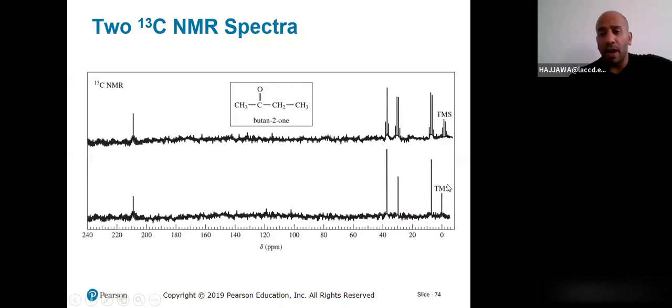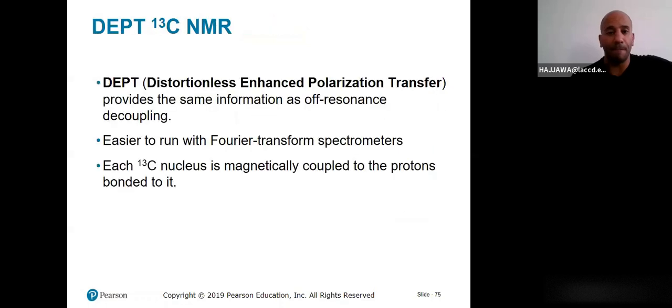All right. But if I look at the off-resonance, I can clearly see I have a quartet and a triplet. So I can tell right away which one is which: this peak is the CH3 and this peak is the CH2. So it's really easy to figure out the connectivity of a molecule relying on the off-resonance decoupling method.